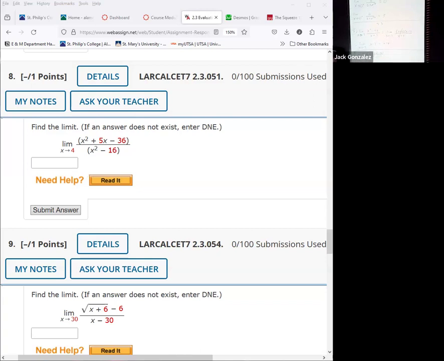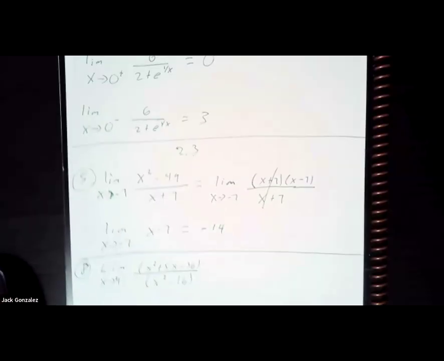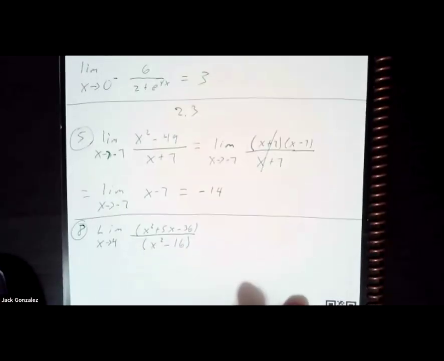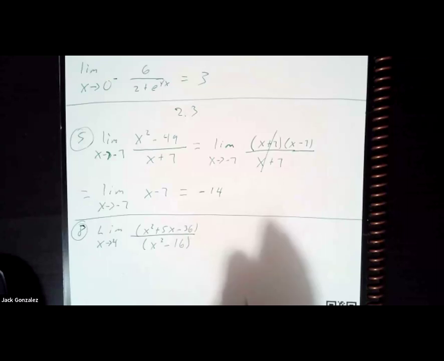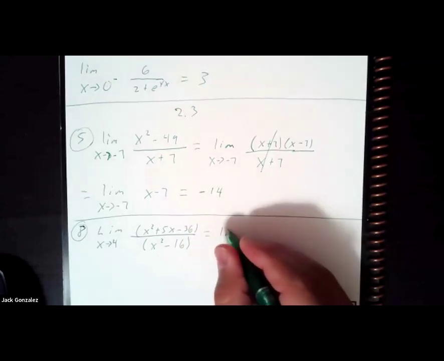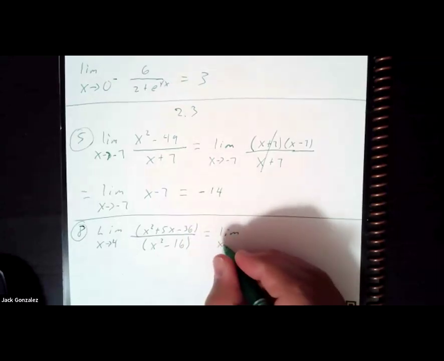All right. On this one, you're going to do the same. But you can't because you're going to get 0 on the bottom, so you have to do algebra to help you out. So this is what they mean by analytical approach.